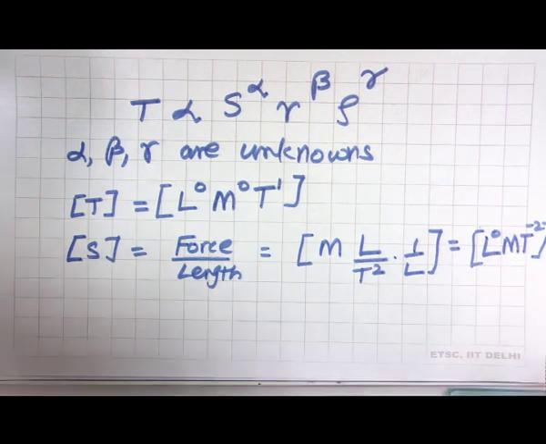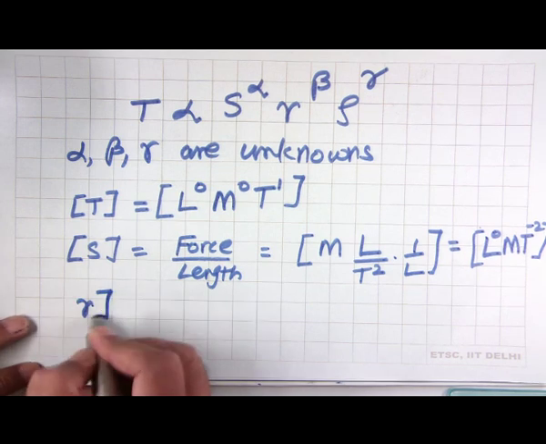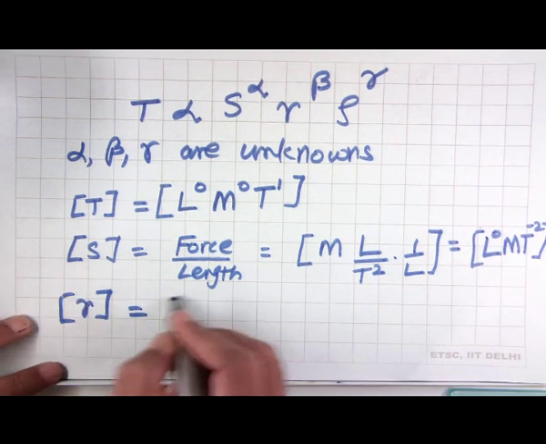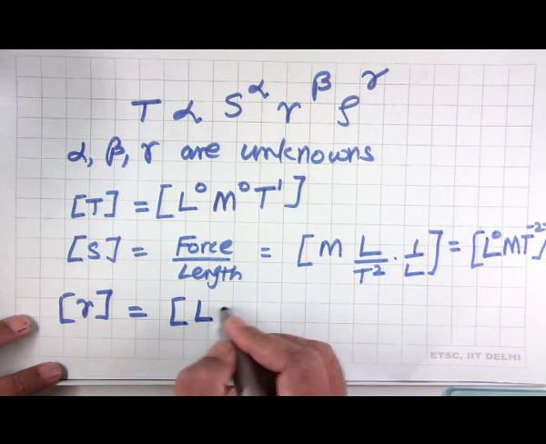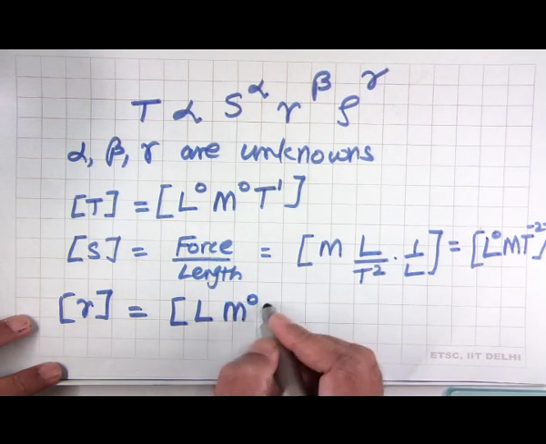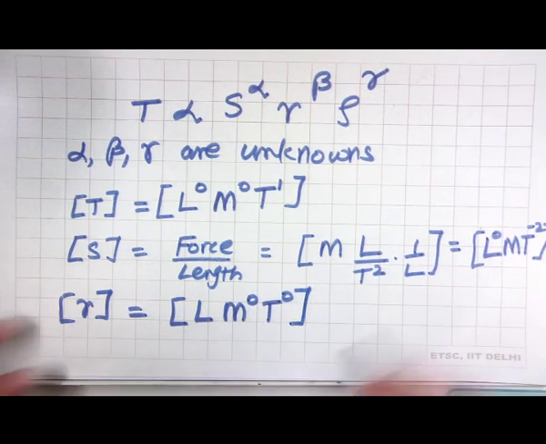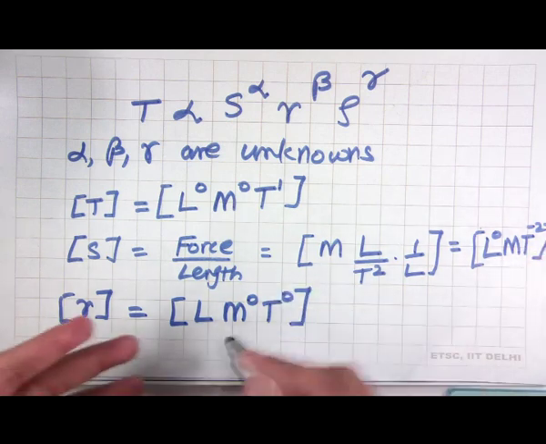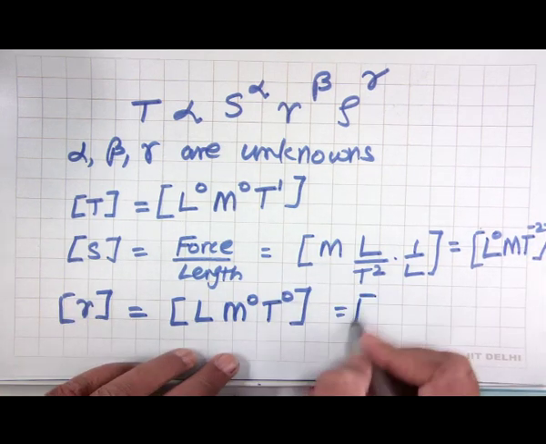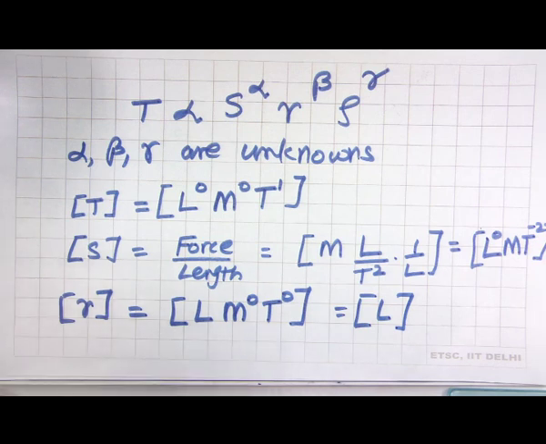We express things in terms of negative powers, and then we have r, the dimension of r will be just length. So, that will be equal to L times m to the power of 0, t to the power of 0. If you want, for ease of calculation, you can just write it as L, and in the final expression you carry all L, m and t.